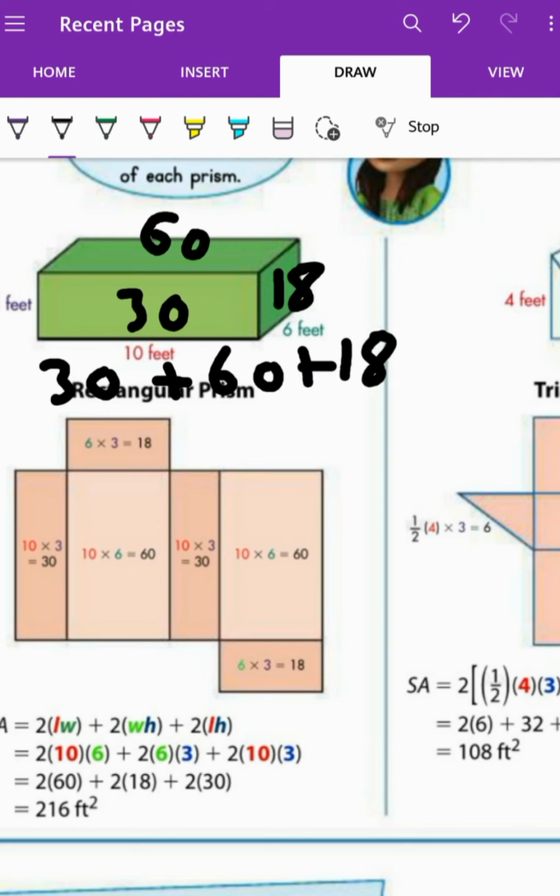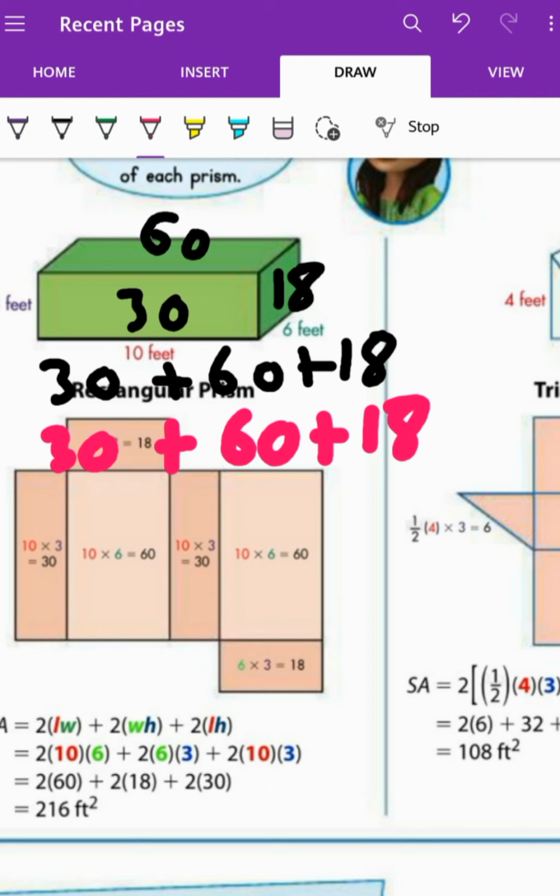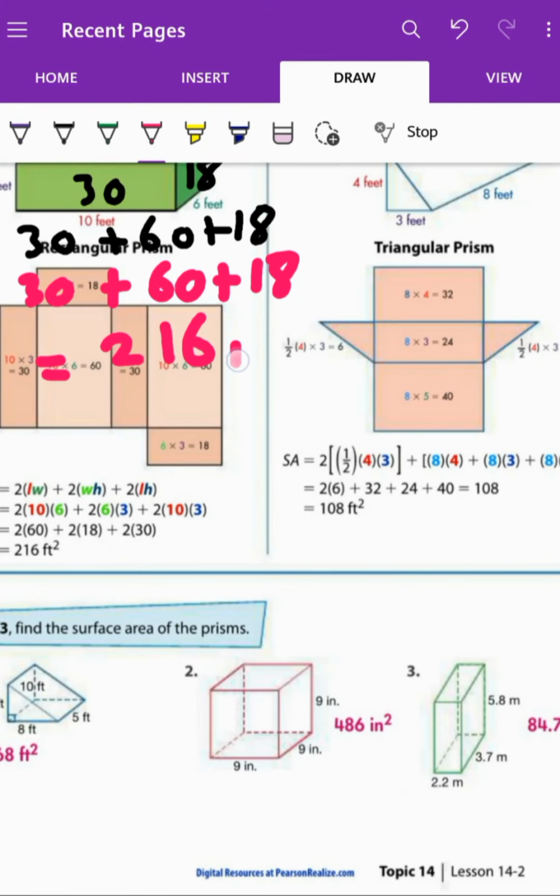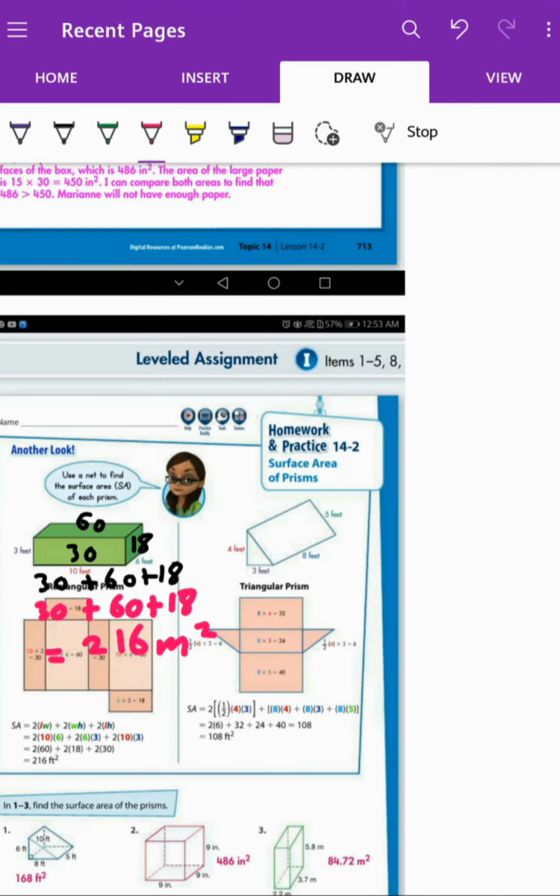And the 3 rectangles you cannot see: also 30, that meets the front, plus 60 that meets the top, which is the bottom, and 18. So you add them all, you will get 216 meter square.